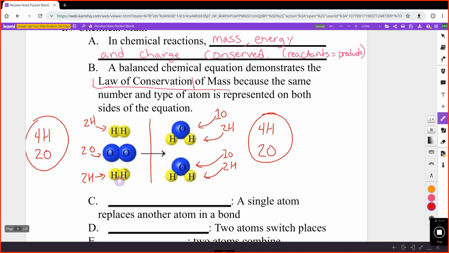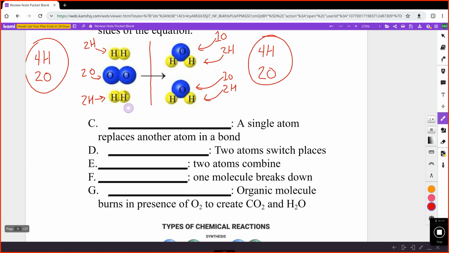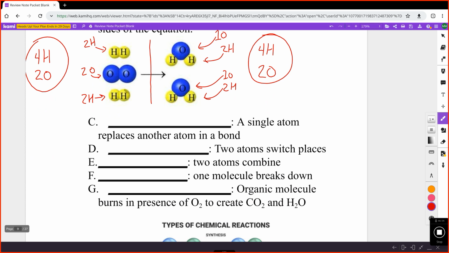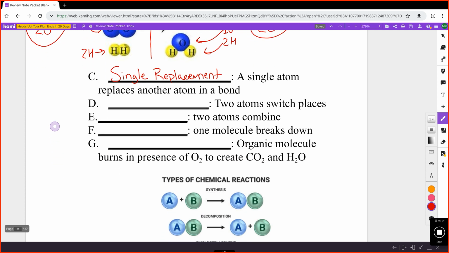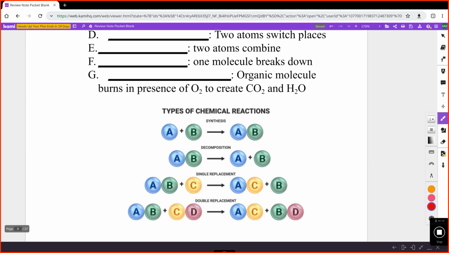In Regents chemistry, we demonstrate these different types of equations in 5 different types. The first one would be called single replacement. This is when a single atom replaces another atom in a bond. And so the best way to explain these is to look at the picture down below. Okay?